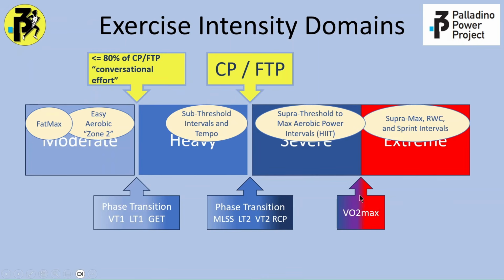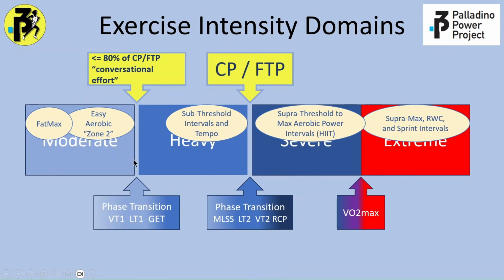Beyond VO2 max, where you're able to pick out power duration prescriptions that will provide a VO2 max stimulus, they start getting too short and too high intensity, and those are more the super max, reserve work capacity, and sprint intervals on the far right of the extreme domain.